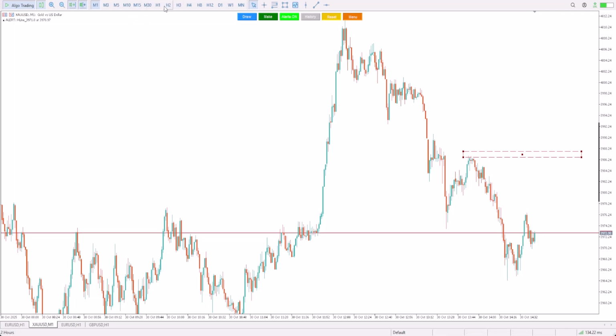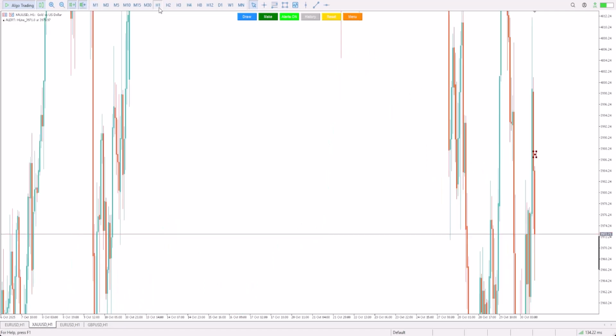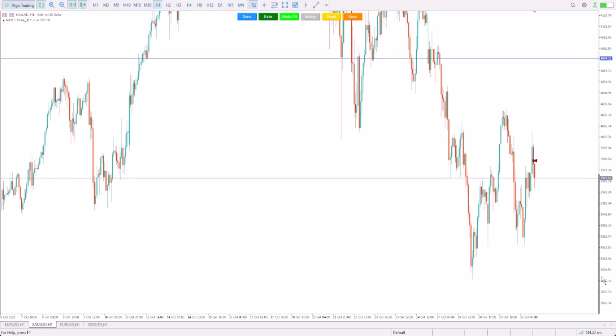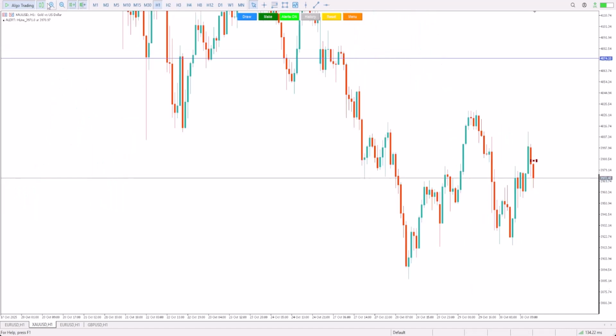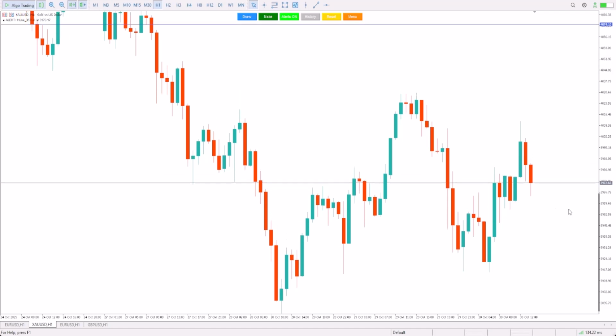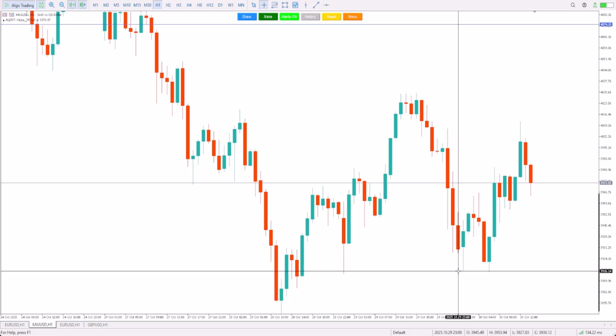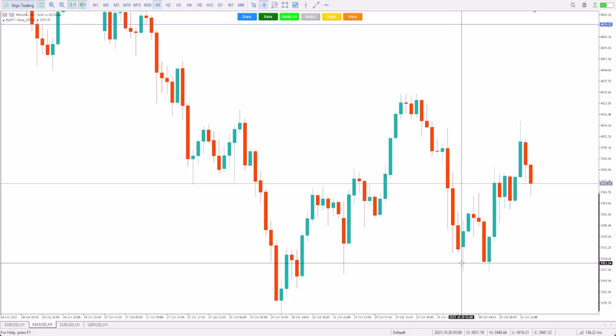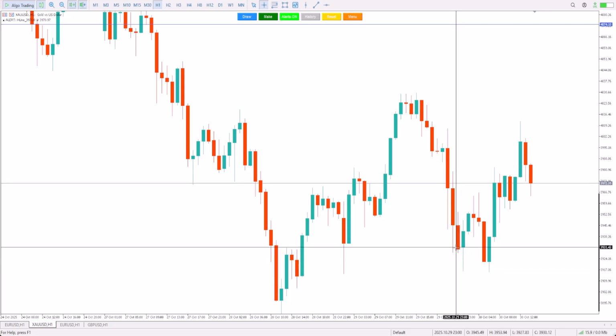And if we go over to this, this is gold. And this is where the price opened, right? Instant move because it opened with a gap, right?